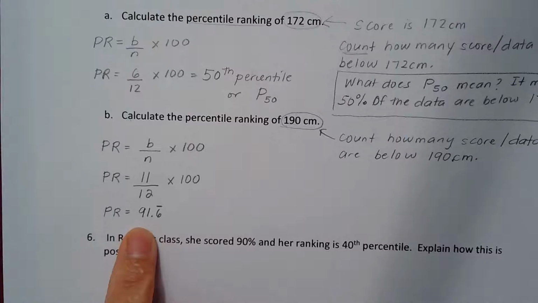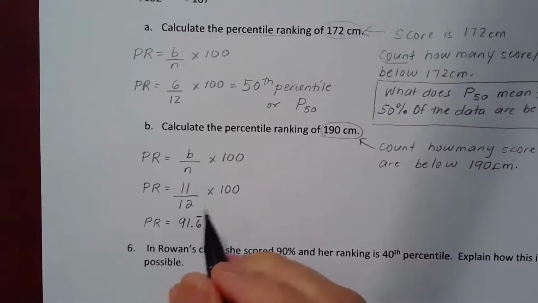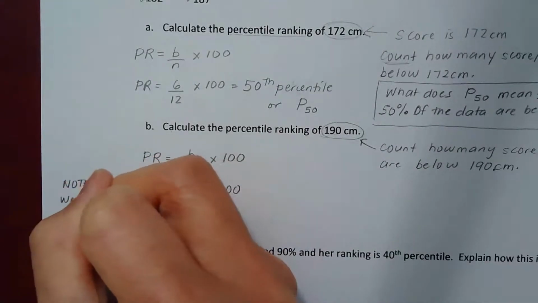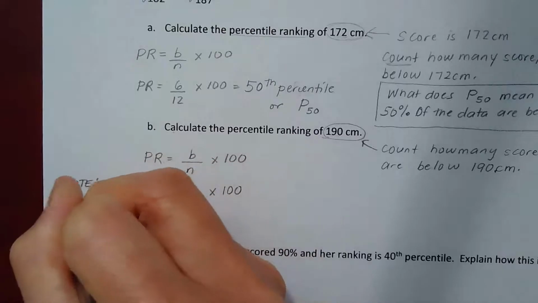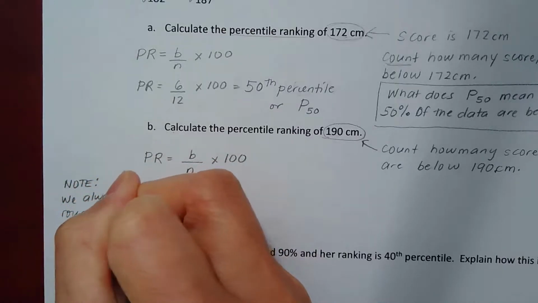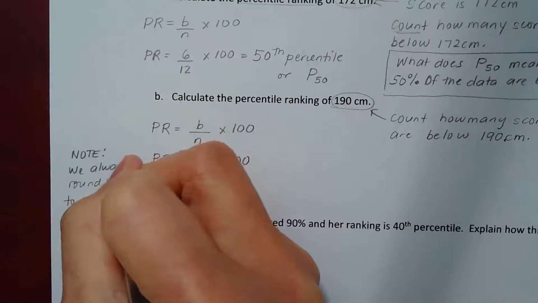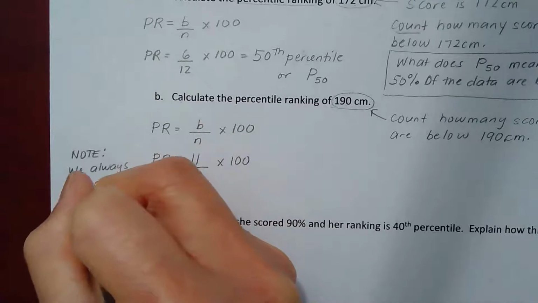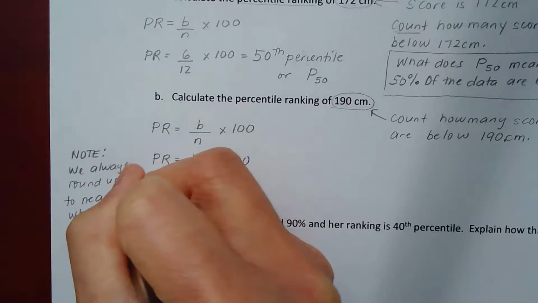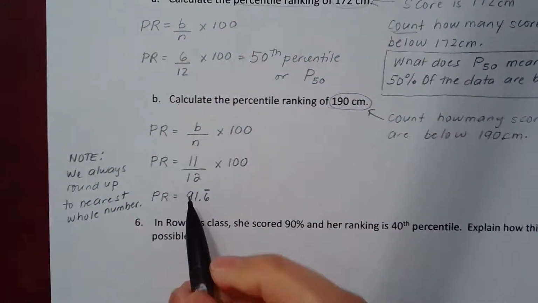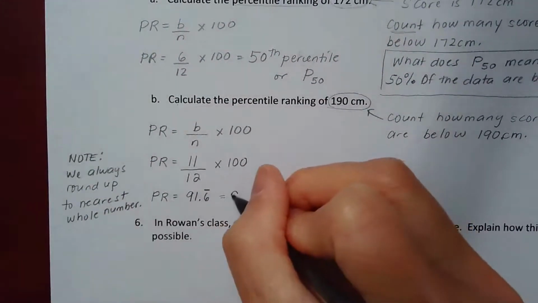Now, when we talked about percentile ranking the other day, we said that we always round it up. So note, I'm going to write down here: we always round up to the nearest whole number. So there's going to be no decimal, so it's going to be 92.